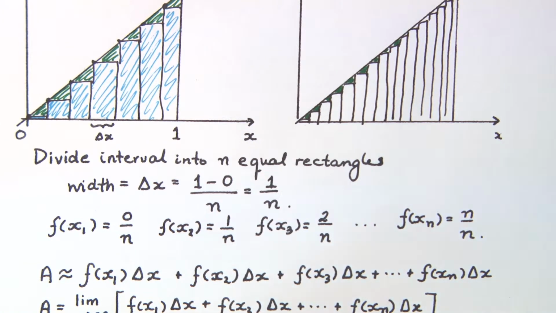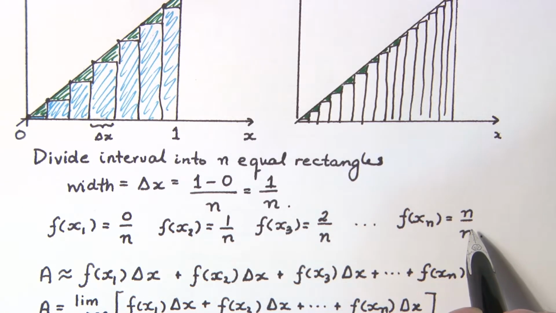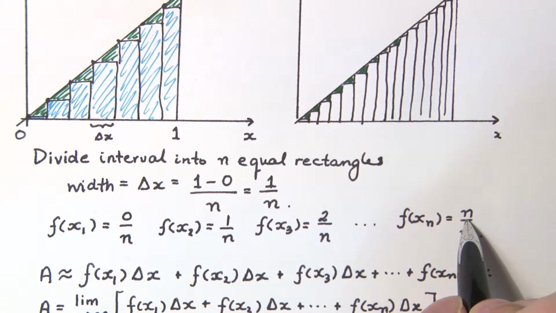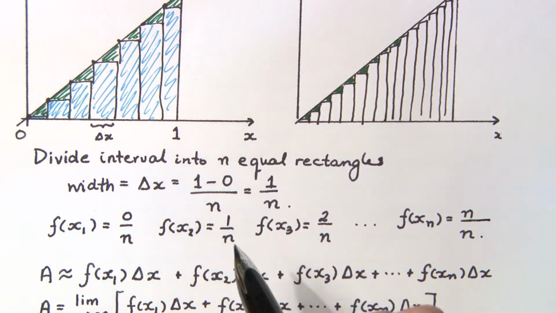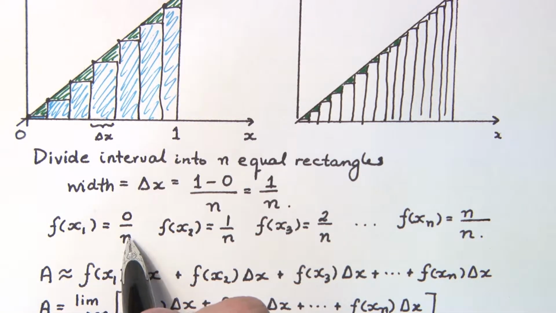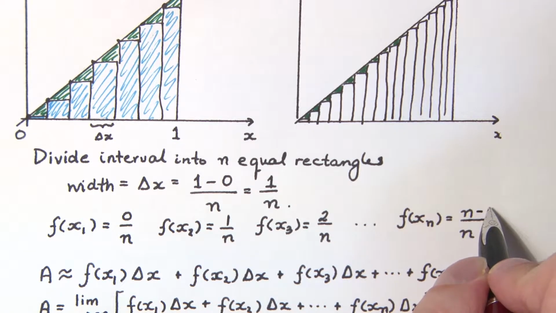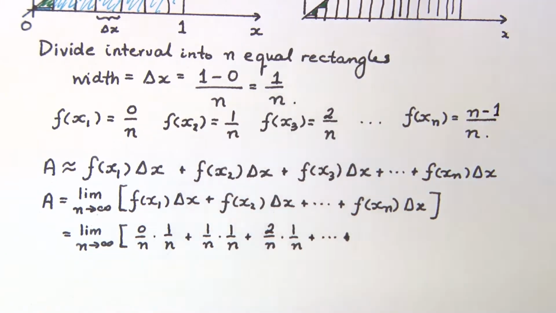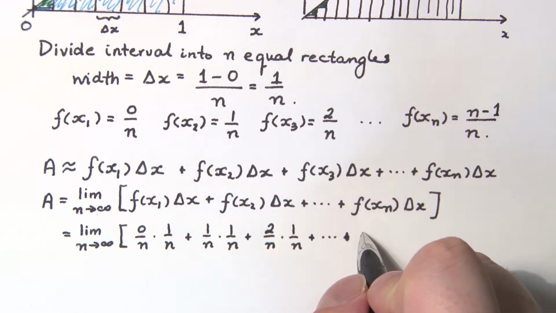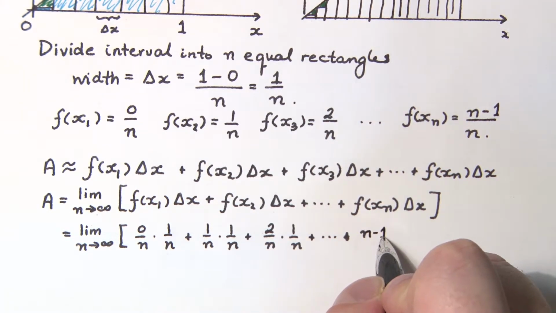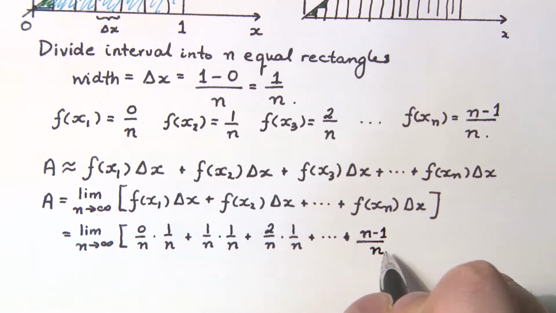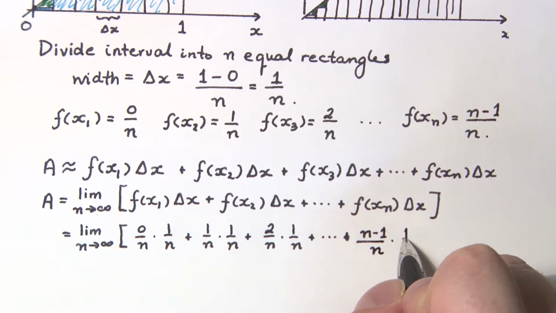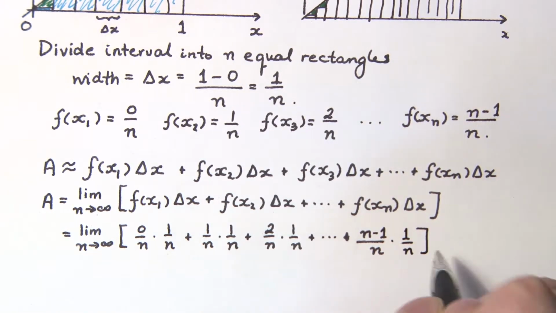Now I kind of noticed this. If I have n rectangles, I think what I should have is, if I'm starting at 0, I should have n minus 1. So I have n minus 1 divided by n multiplied by 1 over n.